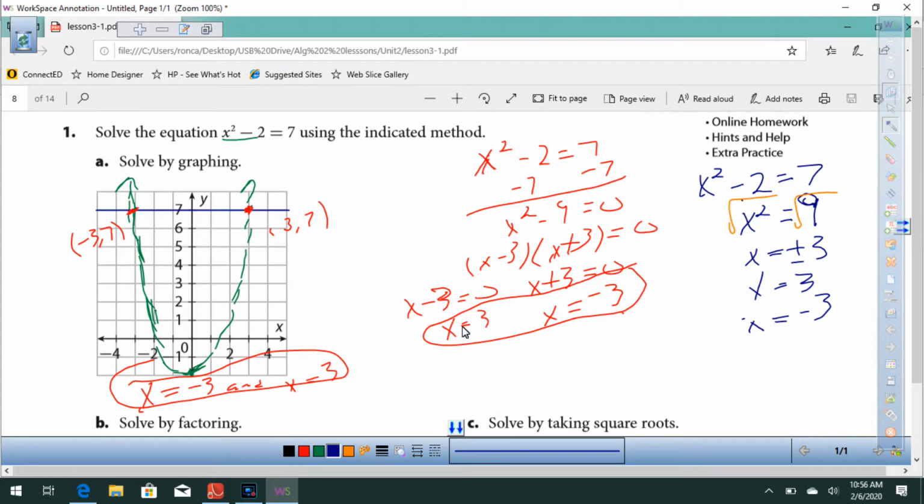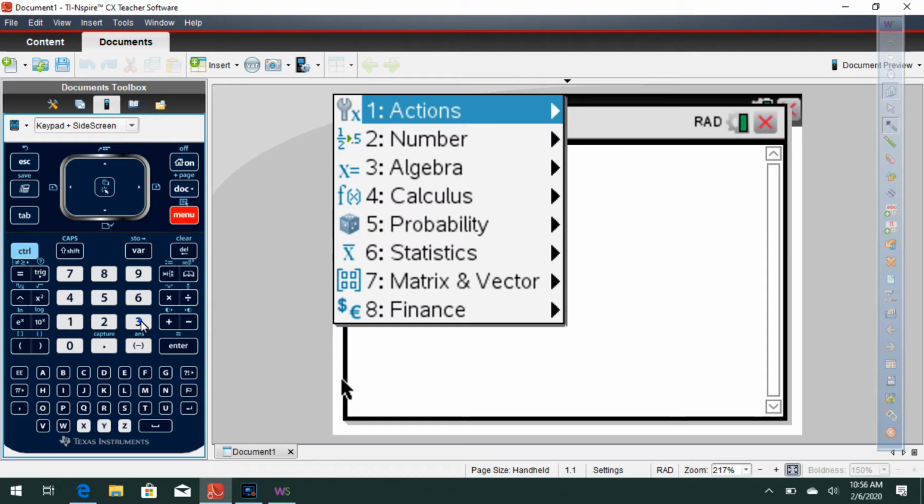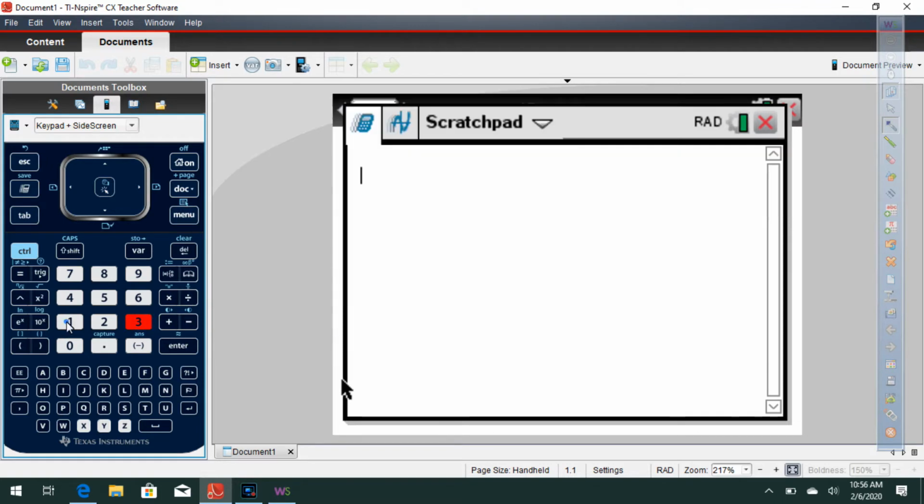Now, if you're having a problem factoring, we've got this right here. Okay, you can get it equal to 0, then you can go to your calculator and menu 3, 3, 1.